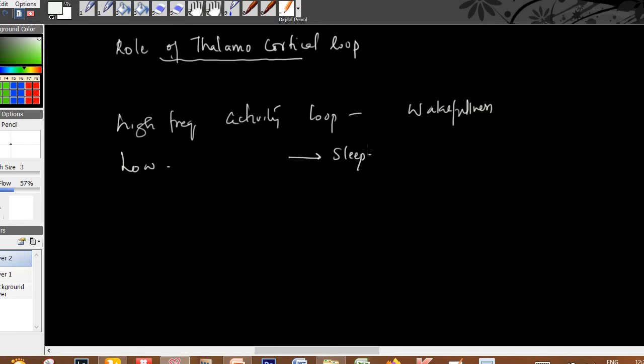So this is in very simple terms about the thalamocortical loop. You need not go into all the details. You just have to remember that high frequency activity will induce wakefulness and low frequency activity is going to induce sleep. Along with this, we can actually make a flow chart of all this.